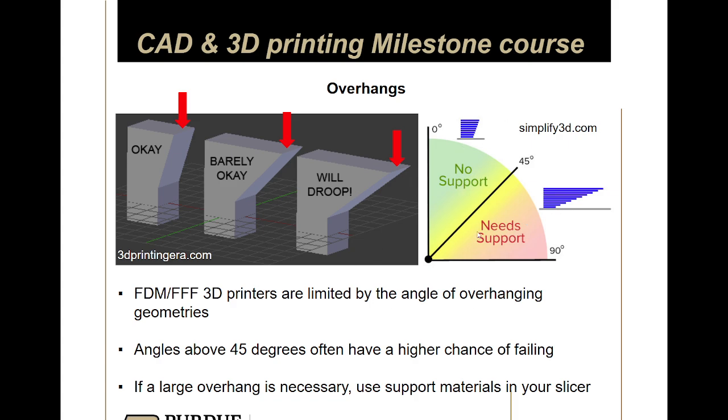So it's very achievable. Once you start going above that, you might be getting into more questionable territory. Even though most modern printers are a lot more capable than before, they can do maybe like 60 degrees. That's starting to push it a little bit more. So if you have a really dialed setup, you might be able to do more aggressive overhangs, but in general, people recommend about 45 degrees.